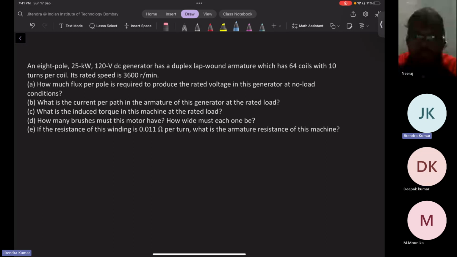For this kind of thing, I should have been present there; that is how I could have figured it out. But I think your lab instructor might be a suitable person to answer this, because I am not able to see what the setup is there.